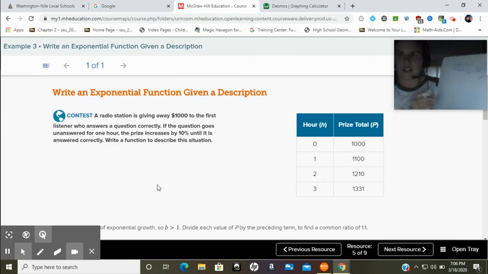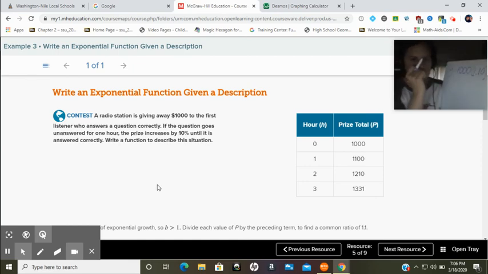1,000 is our initial value. You're getting 100% of $1,000 and an additional 10%, raised to the number of hours that pass, and that gives Y. Except they want us to use different variables in this problem.